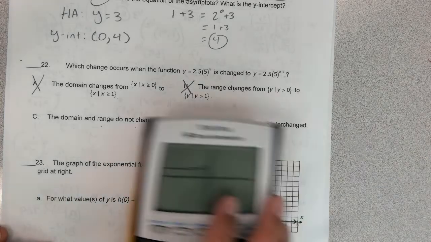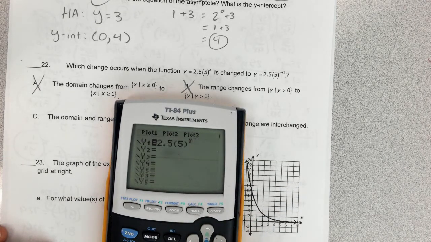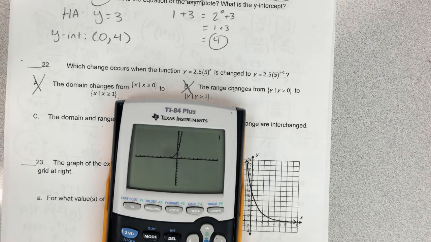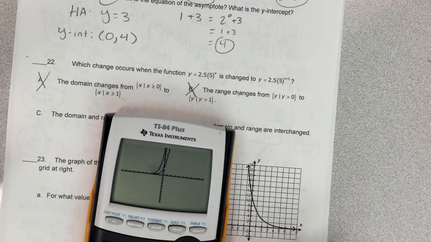So let's just look at the two graphs. Alright, so the two graphs, again, the domain is always going to be the same, negative infinity to infinity.